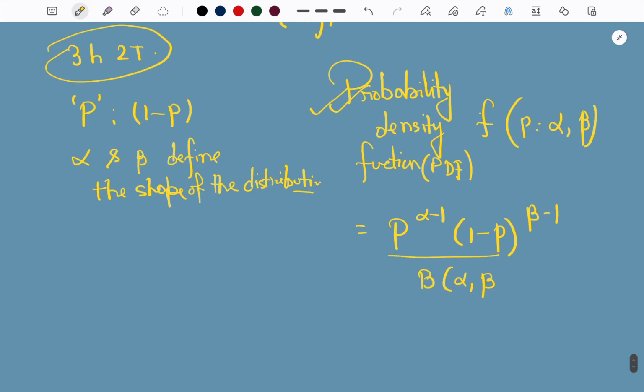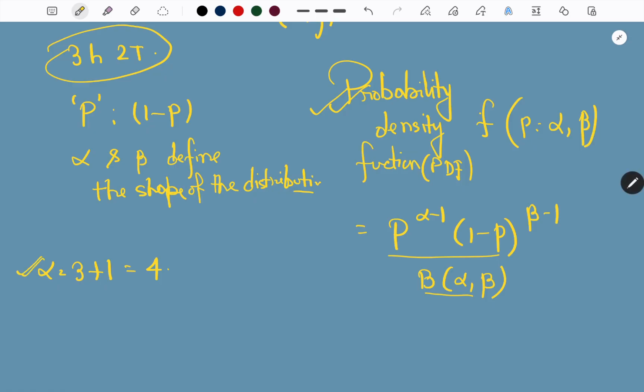Now we have 3 heads and 2 tails. So how do we write alpha and beta? Remember, in this case, since it is a beta function, alpha shall be equal to 3 plus 1, that is 4. Why? Because remember, if I write tau of 4, it was equal to 3 factorial.